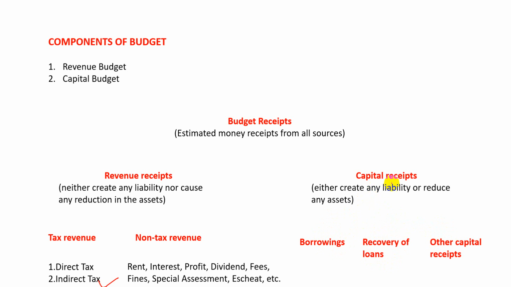Now, in this case, capital receipts such as borrowing. What happens in the borrowing? It creates liability of the government. So one of these two properties, creation of liability or reduction in asset, will happen in case of capital receipts.